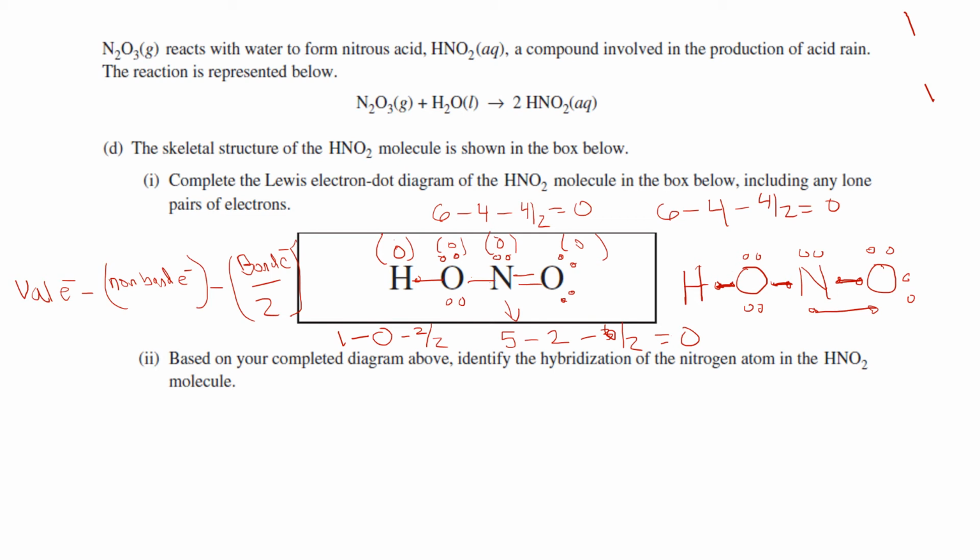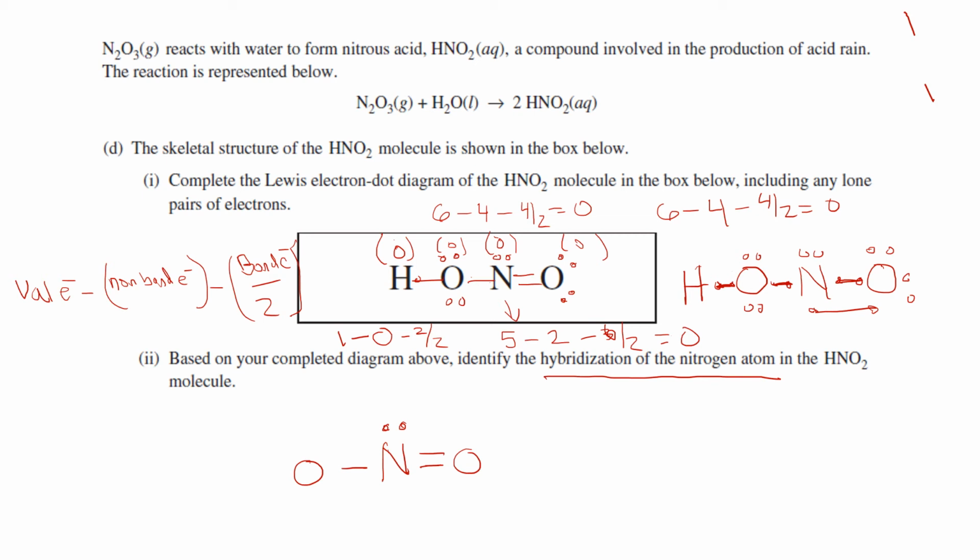So that answers D-I. D-II, they're asking for the hybridization of the nitrogen atom. So I'm just going to look at the nitrogen atom, and I'm not going to draw the rest of it. For hybridization, you're counting all of those single bonds and those unbonded pairs of electrons.